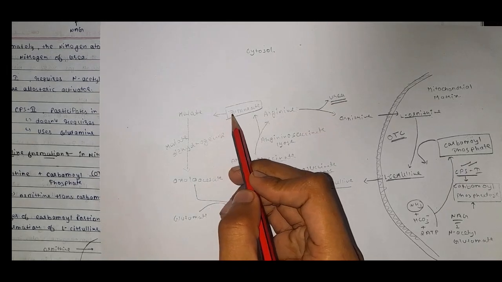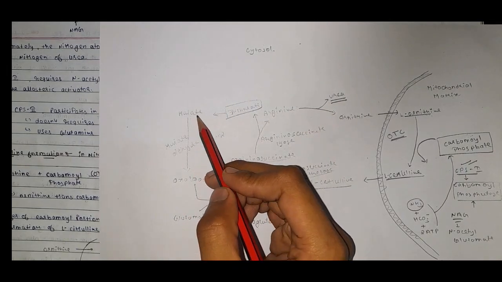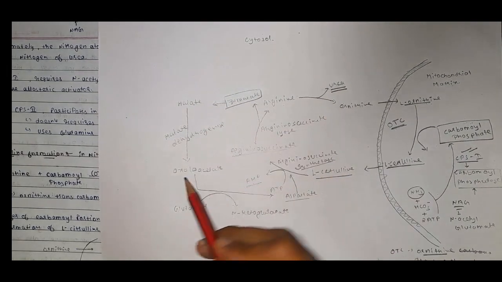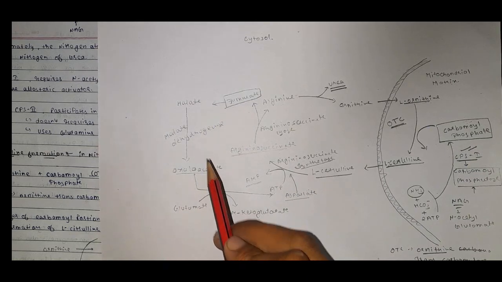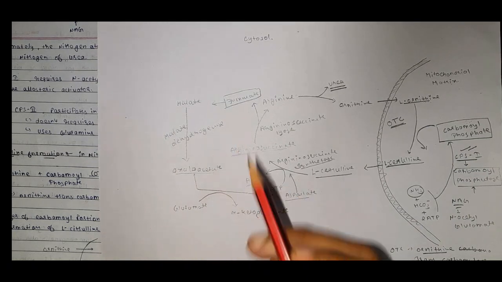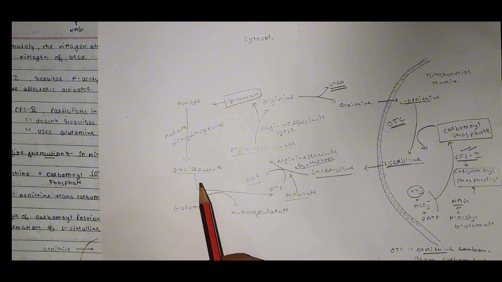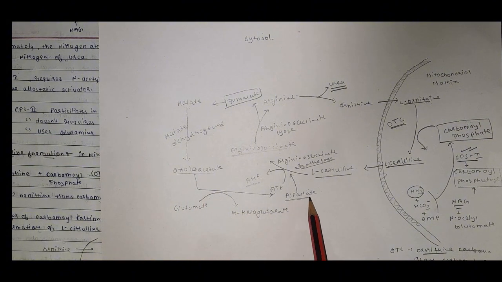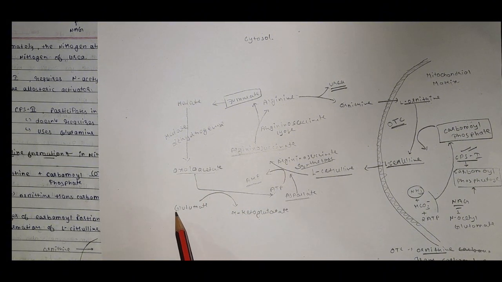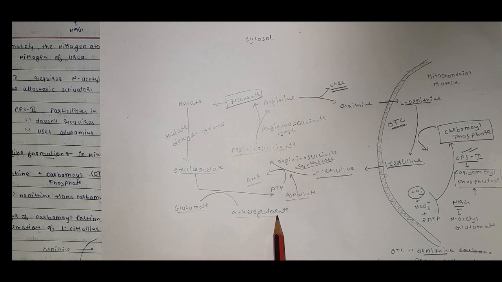Fumarate is further hydrated to malate, and malate is further converted into oxaloacetate with the help of the enzyme known as malate dehydrogenase, and this oxaloacetate is transaminated to aspartate with the help of the amino acid known as glutamate, which is converted to alpha ketoglutarate.